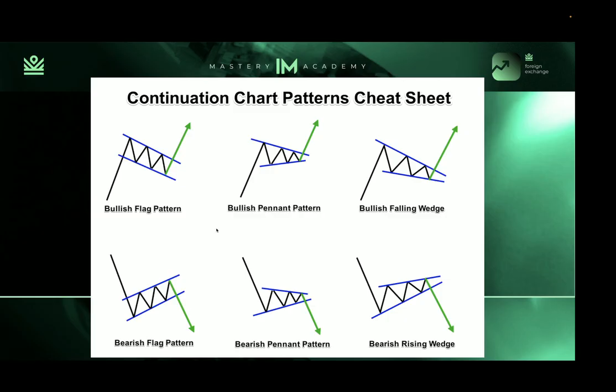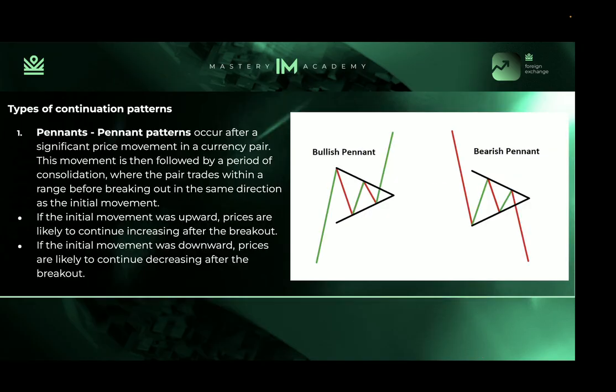Here's another cheat sheet on continuation patterns. These are shapes that we will see on the chart. Pennant patterns occur after a significant price movement in a currency pair. This movement is then followed by a period of consolidation, where the pair trades within a range before breaking out in the same direction as the initial move.